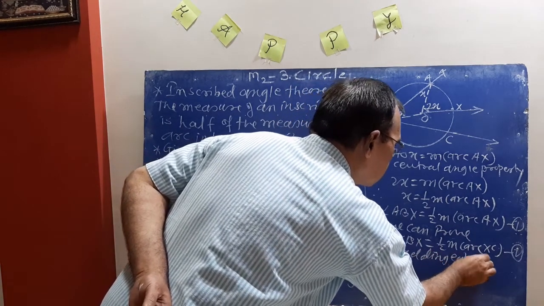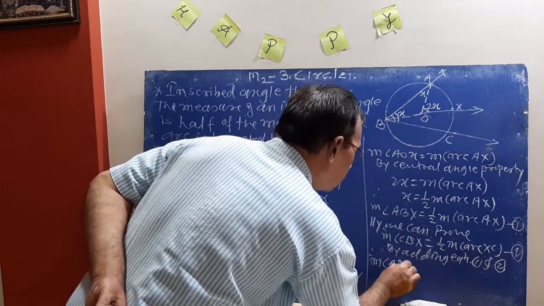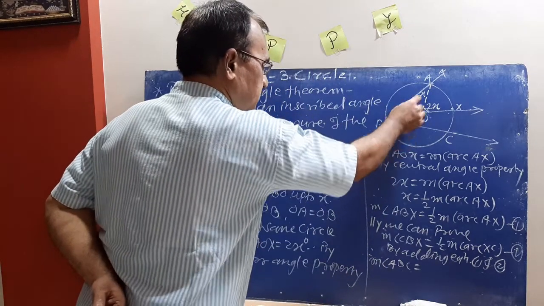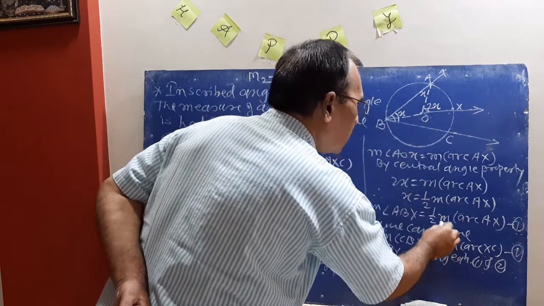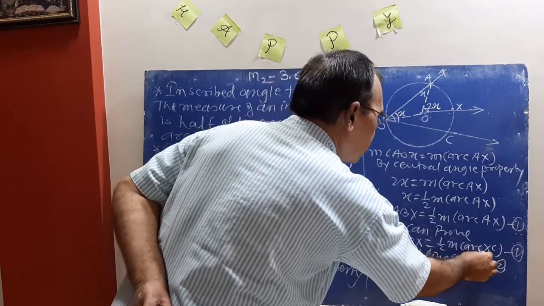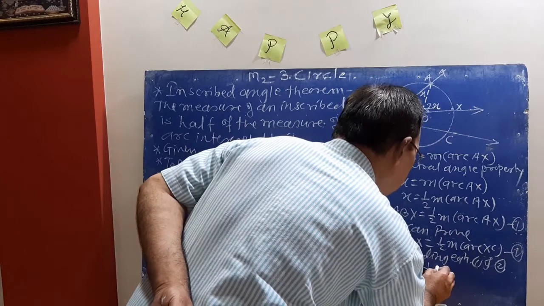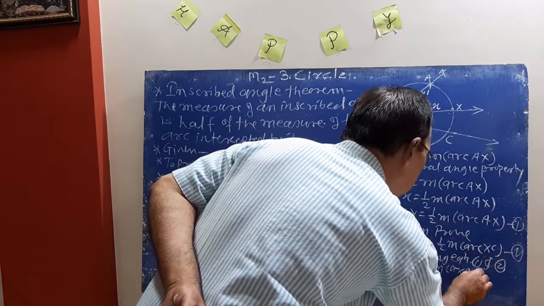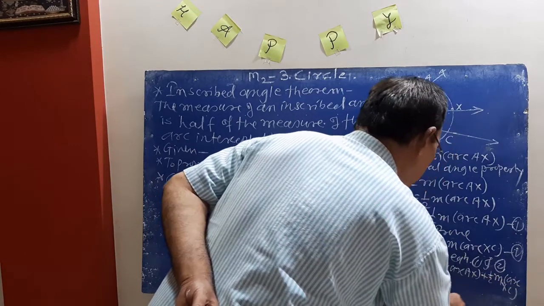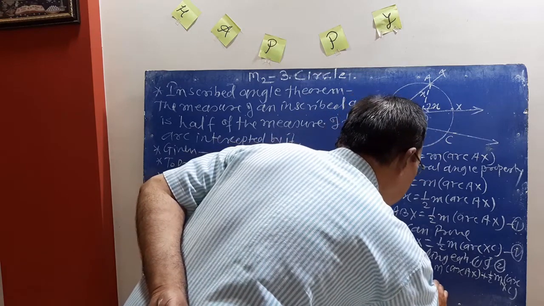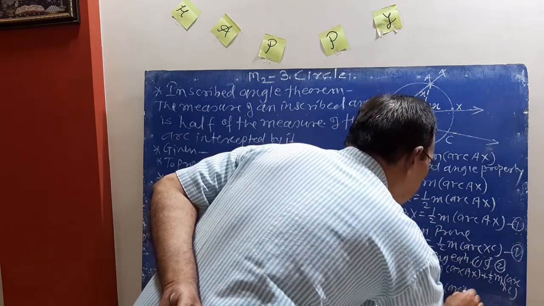By adding equations 1 and 2, measure angle ABC, this plus this, and this arc plus this arc, arc AXC: 1/2 measure arc AX plus 1/2 measure arc XC, and after addition we get 1/2 measure arc AXC.